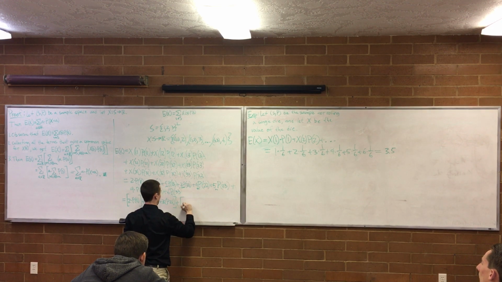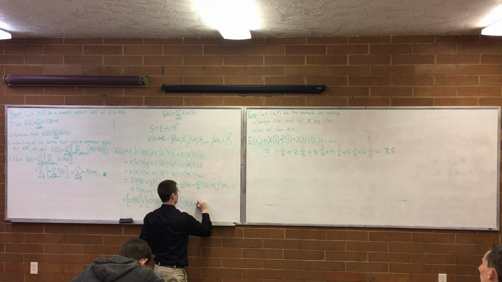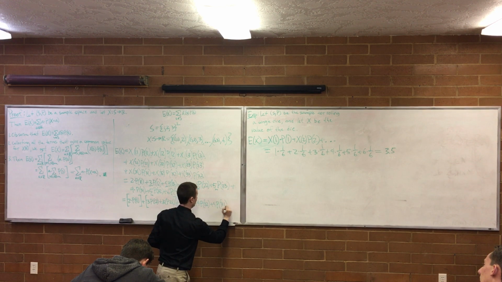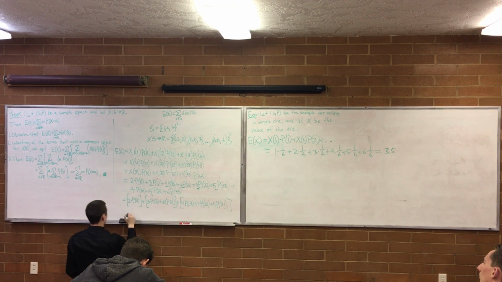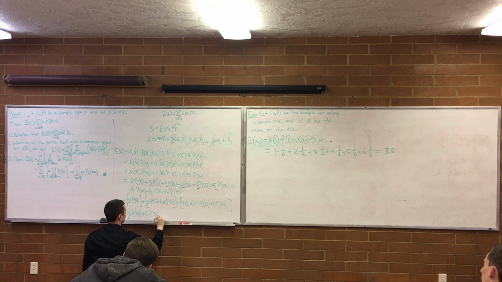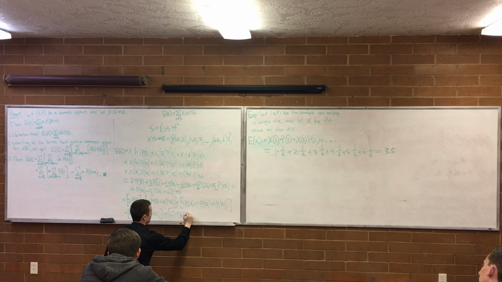Plus 4 times the probability of 1, 3, plus 4 times the probability of 2, 2, plus 4 times the probability of 3, 1, plus 5 times the probability of 2, 3, plus 5 times the probability of 3, 2, plus 6 times the probability of 3, 3.